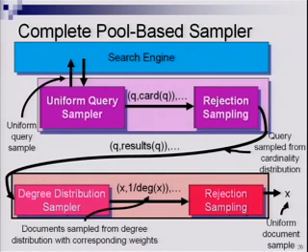You feed these queries into the degree distribution sampler, which can now select random results from their result sets, feed that again into a rejection sampling procedure, which will finally output a uniform sample from the document corpus D. Note that rejection sampling is used twice, once to select queries and second to select documents.